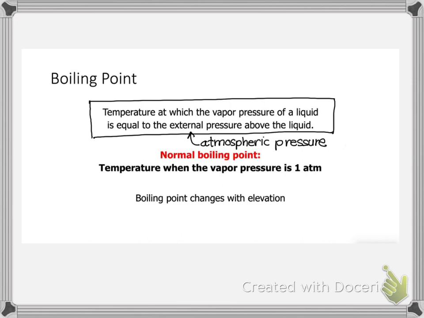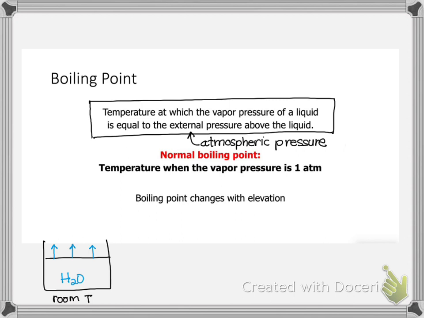I'm going to have a container, and we'll say it's water. And this is just at room temperature. So even at room temperature, water is evaporating. So there's my water. It has a vapor pressure, even at room temperature.